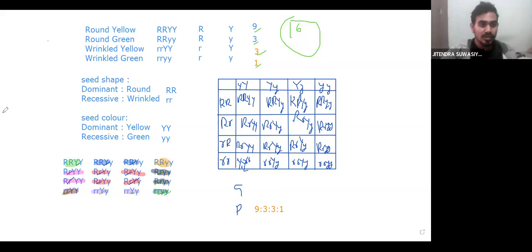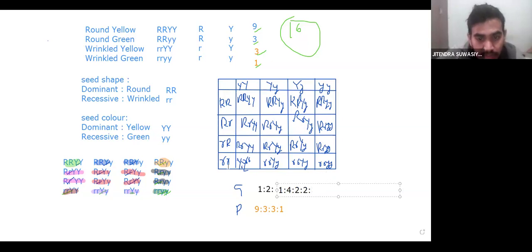Okay, so now we will discuss how many there are. So just count the same color. One is to two is to two, one is to two is to two, one is to two is to two, one is to four is to two is to two.